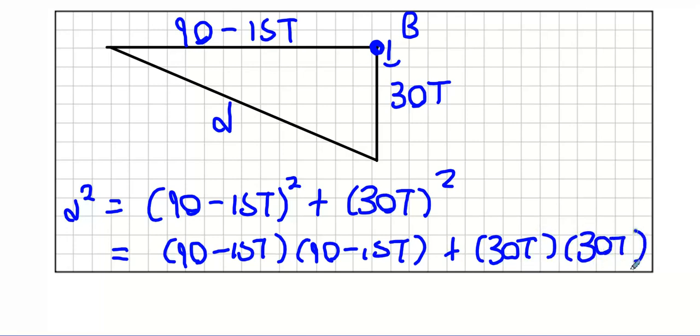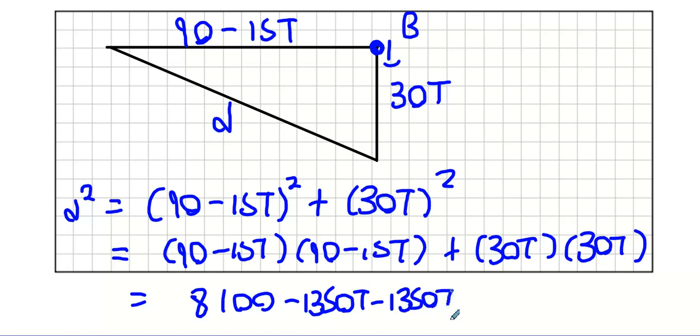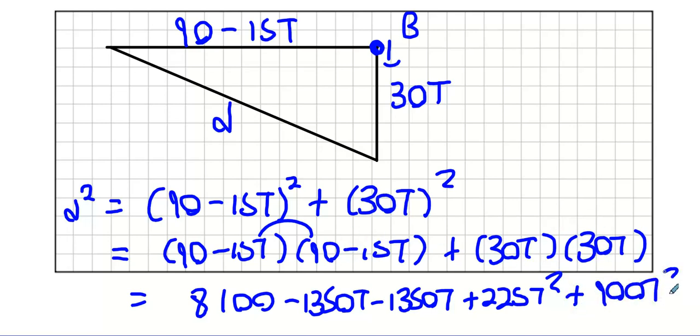Okay, and let's see what happens here. 90 times 90 is 8,100. 90 times 15 is 1,350t, and then minus another 1,350t for that one as well. And 15t by 15t is 225t squared. And then finally, 30 multiplied by 30 is 900t squared.